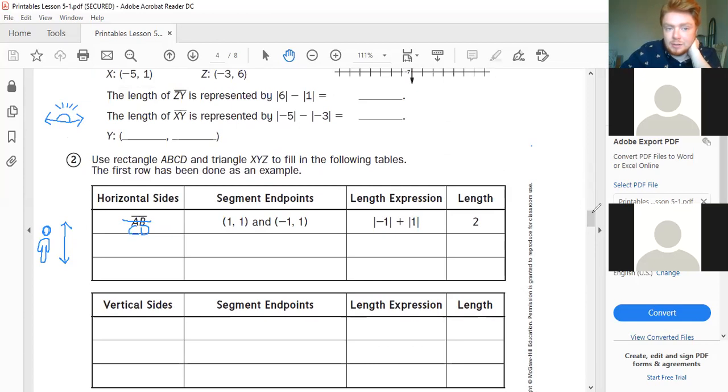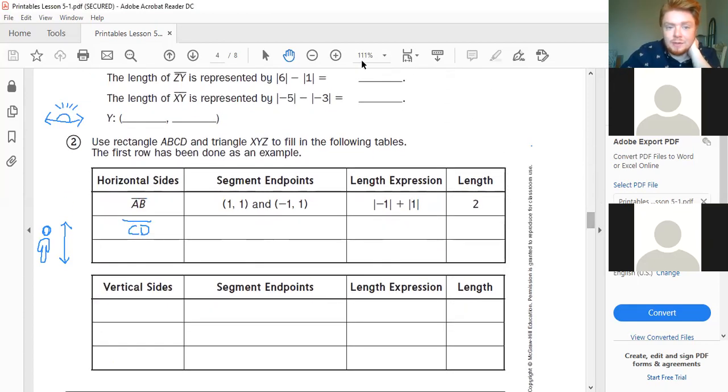Oh, I didn't need to write the positive. I'm a dum-dum.